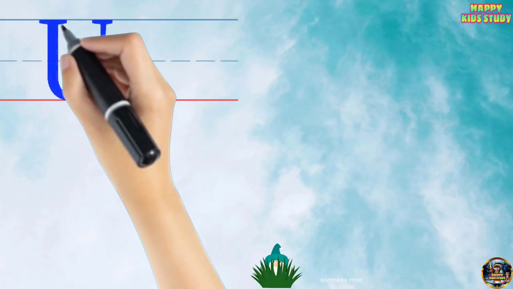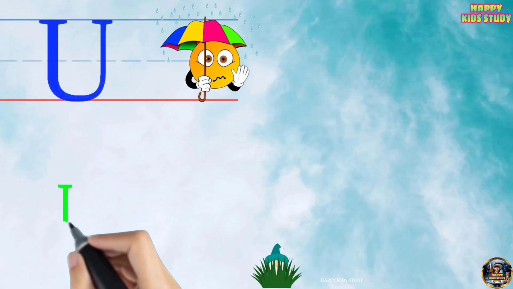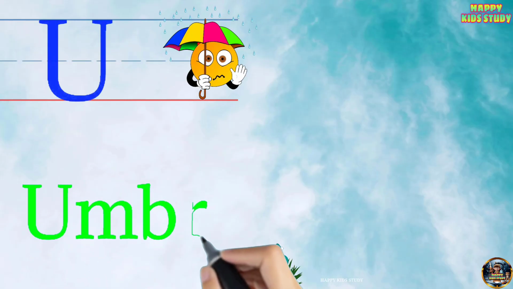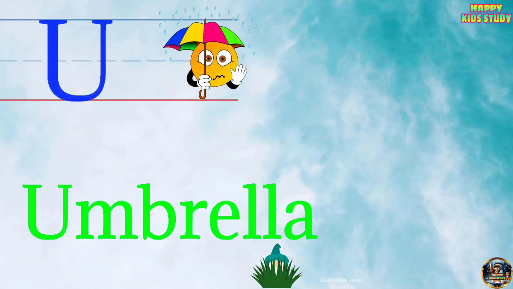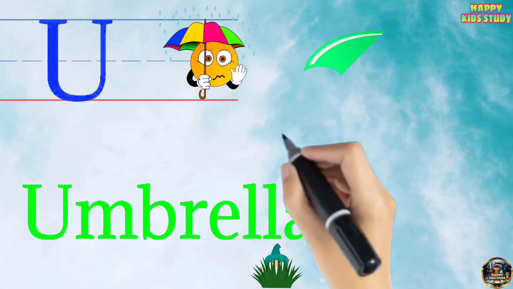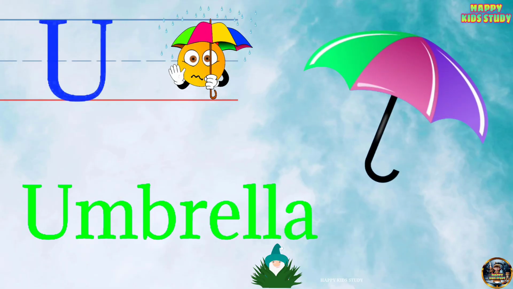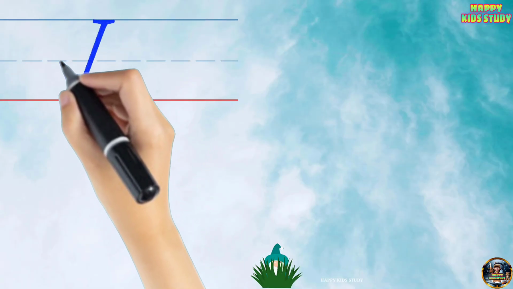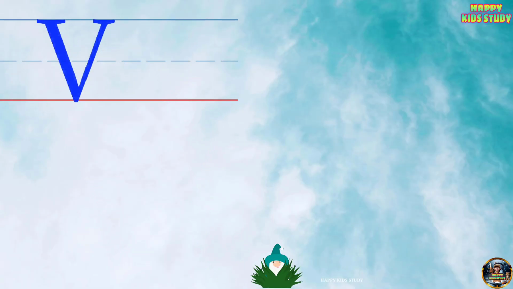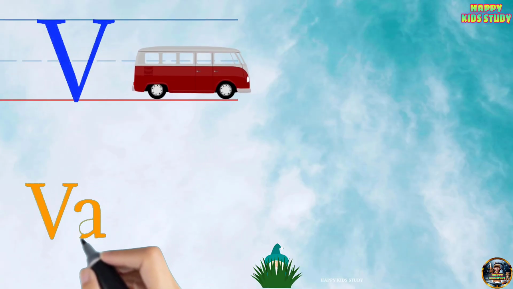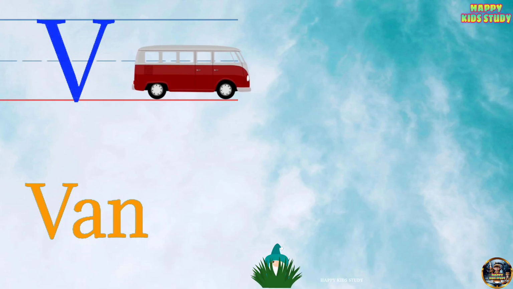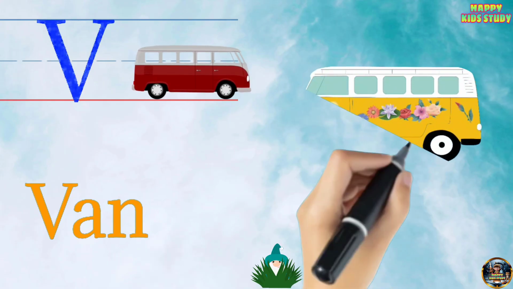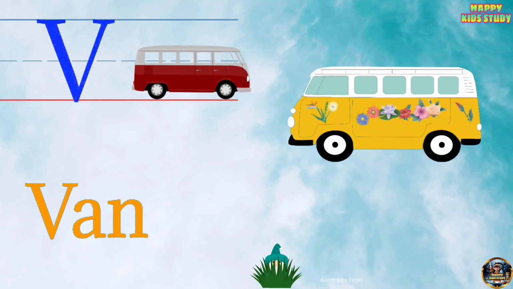U. U for umbrella. Umbrella means chhata. V. V for van. Van means gaadi.